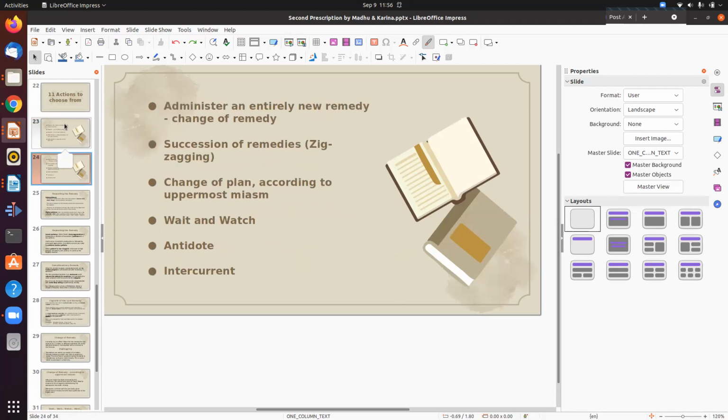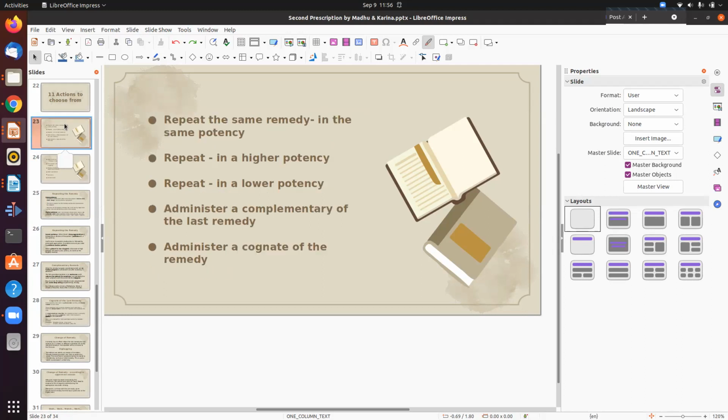There are several situations when to give an entirely new remedy, and when to give a succession of remedies, like giving one remedy, then another layer comes out, and we give another remedy. When to change the plan: okay, we did some blunder, we gave the wrong remedy, so now we entirely change the plan. Wait and watch. When to antidote, when to intercurrent. So we will go into detail on each of it.